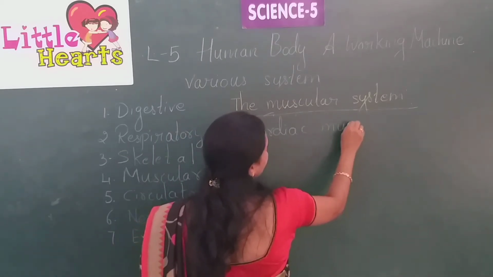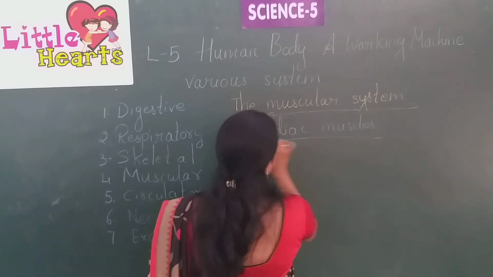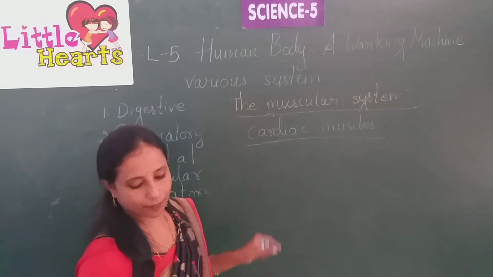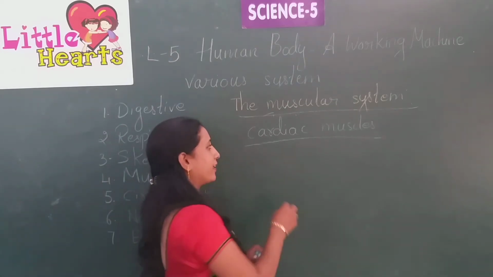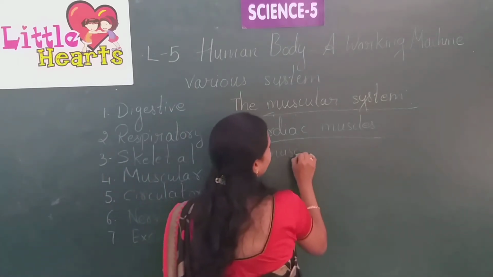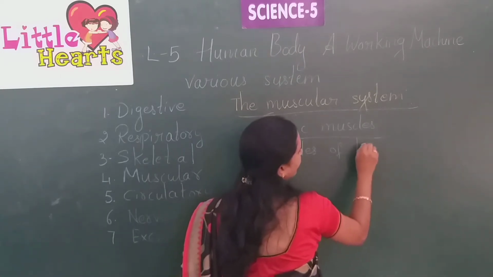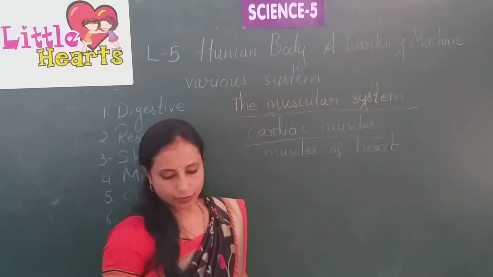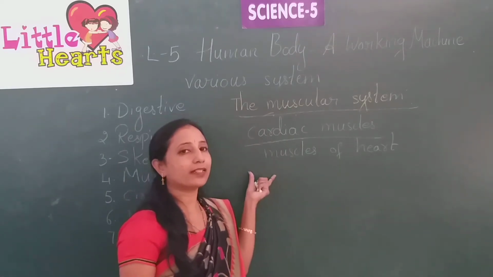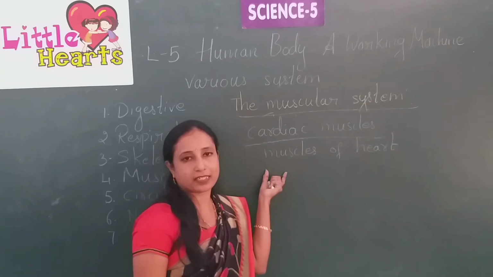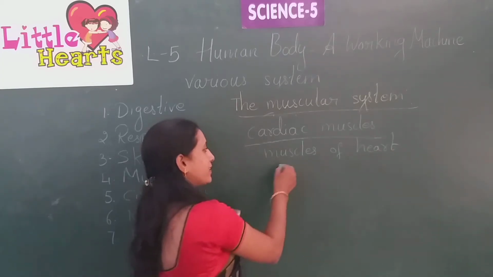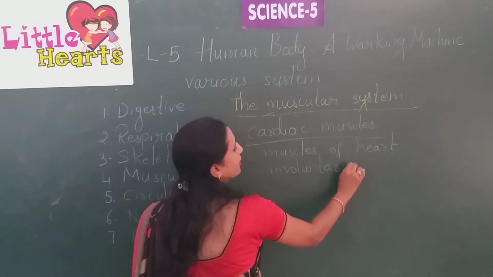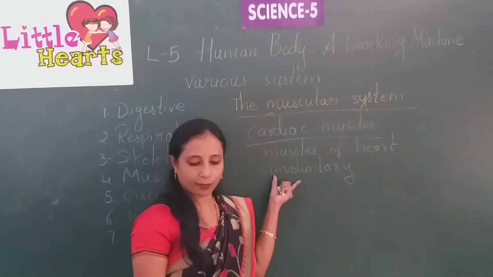The muscles of the heart are called cardiac muscles. So these muscles are involuntary in function. Just now we discussed involuntary, right? These heart muscles are involuntary; they are not under our control or our will.